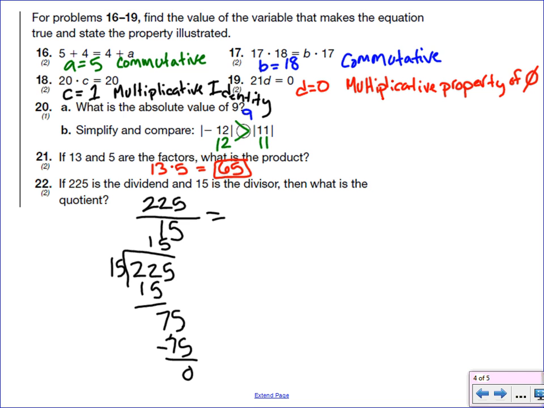So the quotient, the answer in a division problem, is 15.